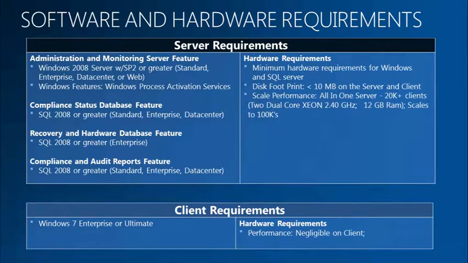Now on the client, we're tied to Windows 7 Enterprise and Ultimate. Okay? And we do a hard check on that. When the client goes to install, if it doesn't meet that, if it is trying to install on Windows Professional or Home, it will not install. There's no BitLocker engine for us to leverage there. Okay? All right.